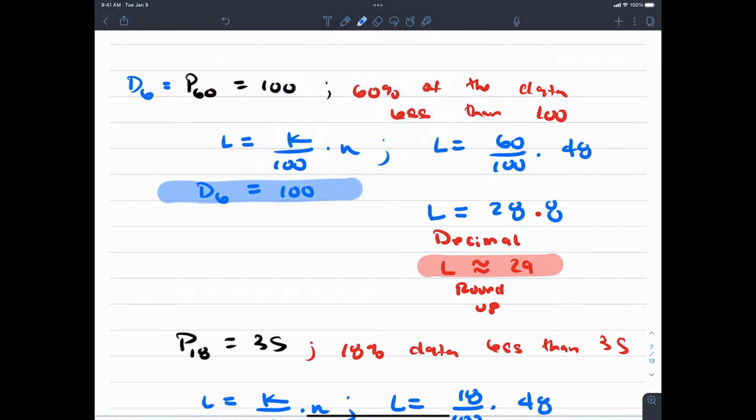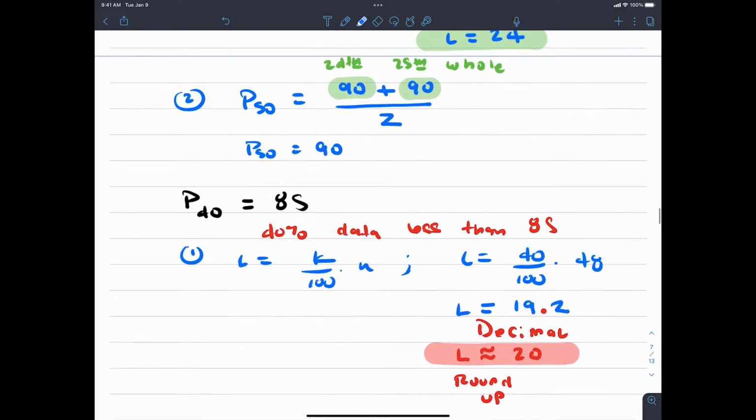If you can find percentiles, you can find deciles. P40, what is this? D4 is what? 85. If you can find percentiles, you can find deciles, D4.